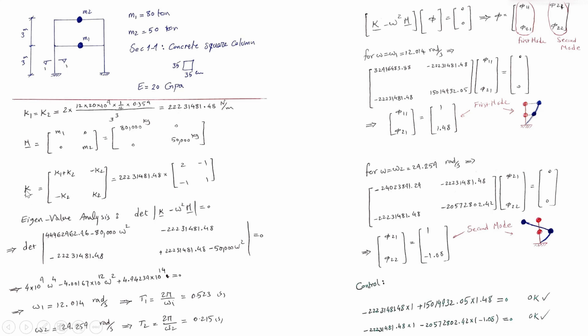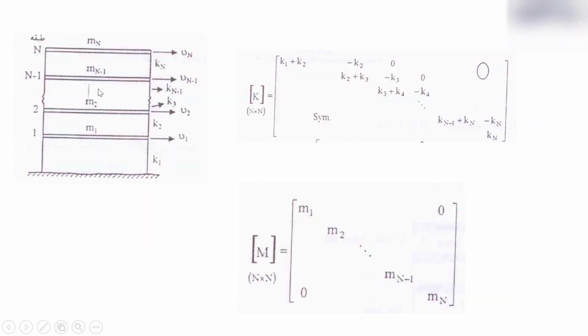And for the stiffness matrix, we spoke about this during the past lectures. You can write it like this, and K1 and K2 are respectively the stiffness for story 1 and story 2.